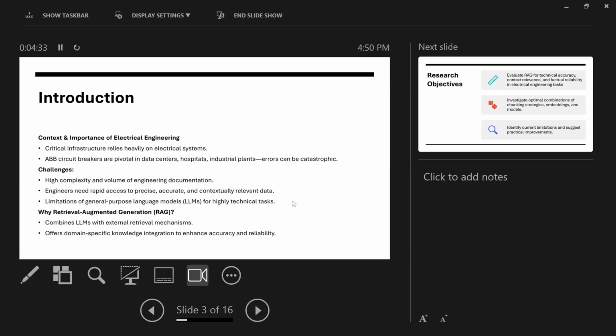Another challenge is the limitation of general purpose large language models for highly technical tasks. When using, for example, ChatGPT to find this information directly without having the particular data about the breaker that I want to use, it becomes much harder, as it just keeps guessing or looking for information on the internet that it may not be able to find.